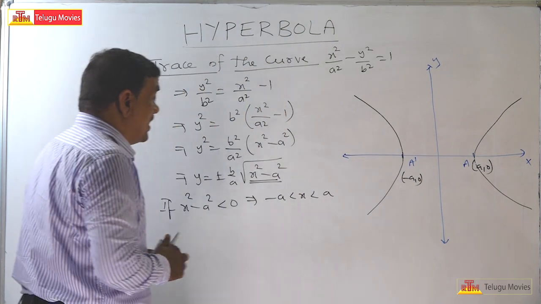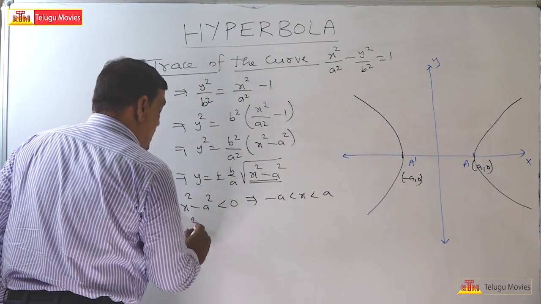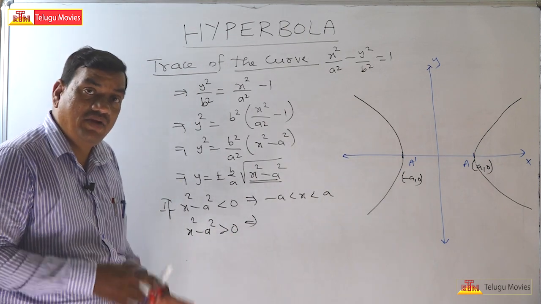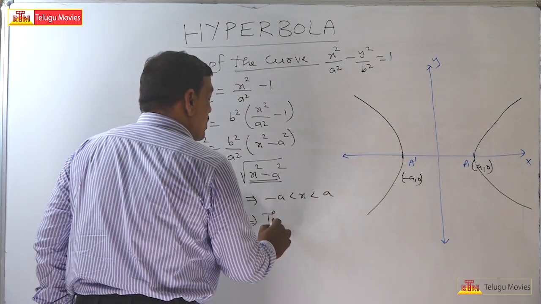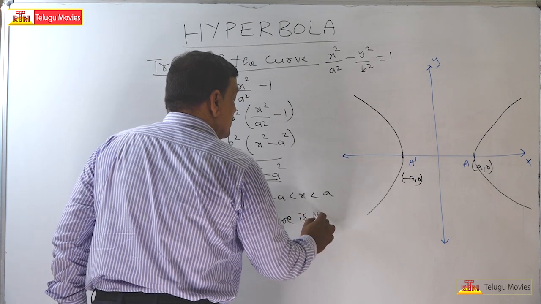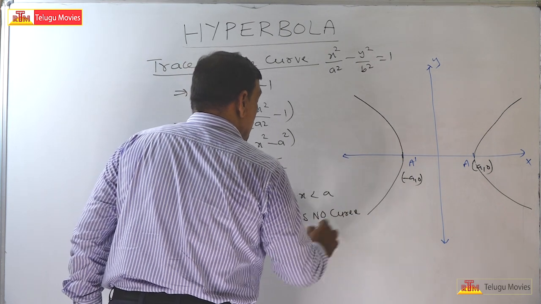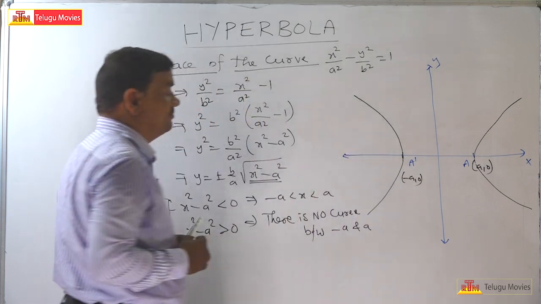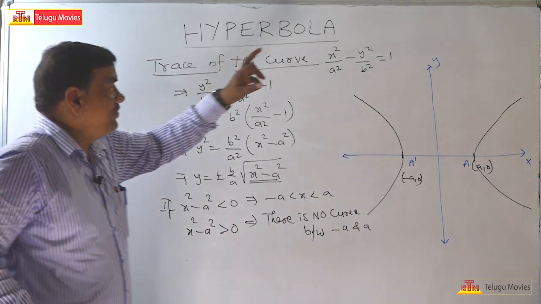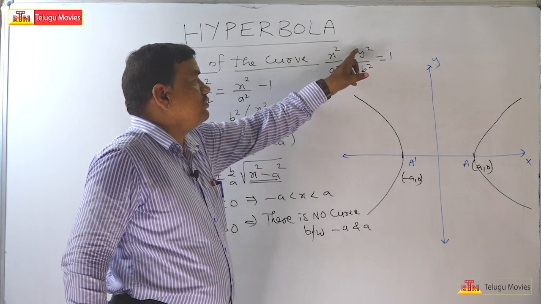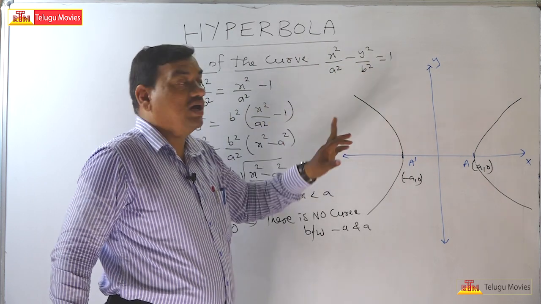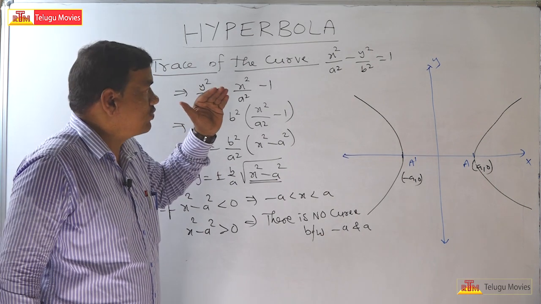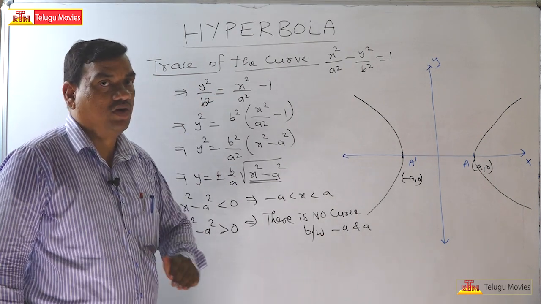But we know that always x square minus a square should be greater than 0. That means there is no curve between minus a and plus a. That's all. So in x square by a square minus y square by b square is equal to 1, a is there in the denominator.